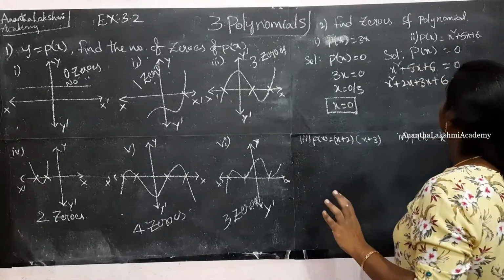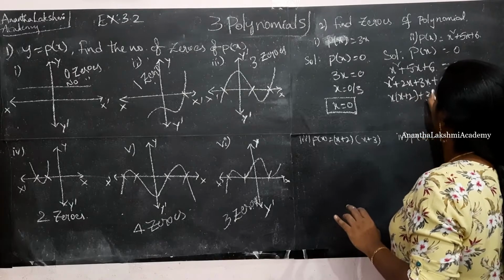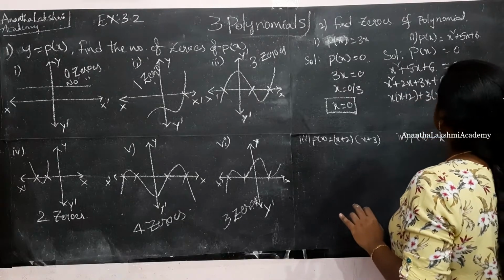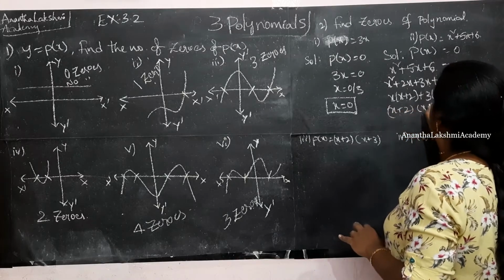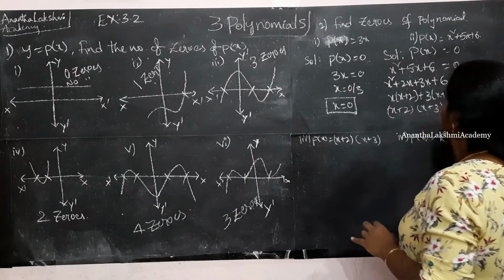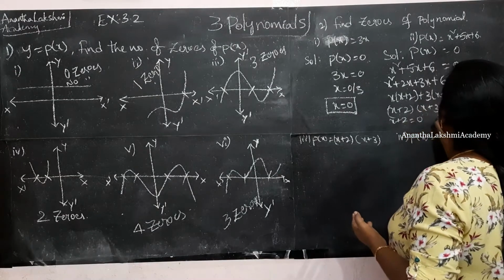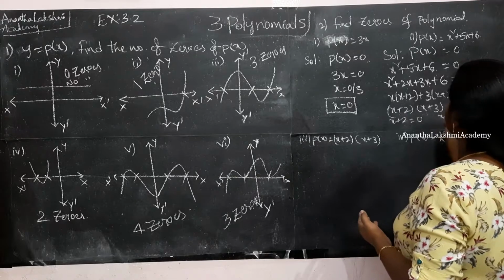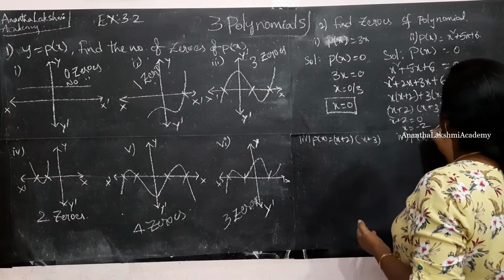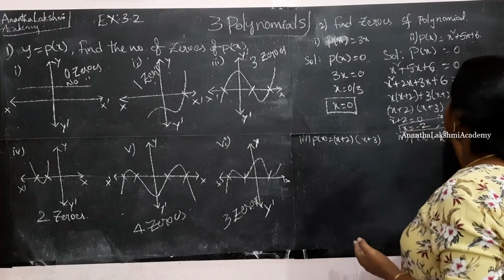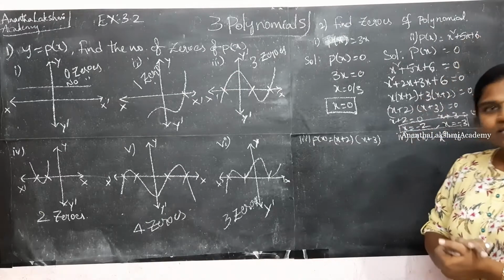So that is how I am going to do it. x common in the first 2 terms and 3 common in the next 2 terms, which will result in x plus 2 multiplied with x plus 3 is equal to 0. Now how do we solve this? We equate it like x plus 2 is equal to 0, x plus 3 is equal to 0. So x is equal to minus 2, x is equal to minus 3. So minus 2 comma minus 3 are the zeros of the polynomial x square plus 5x plus 6.